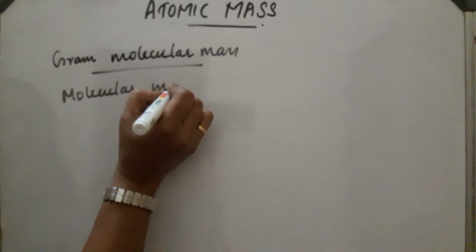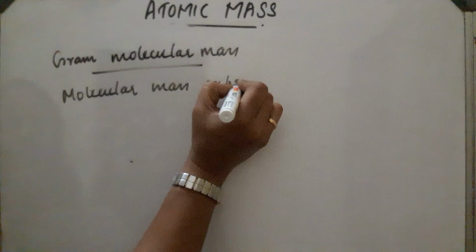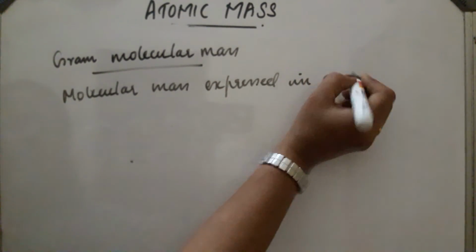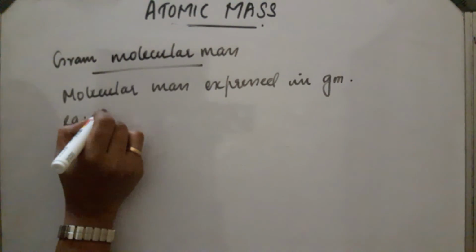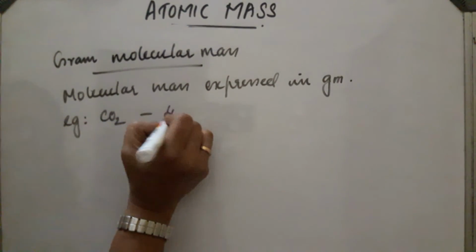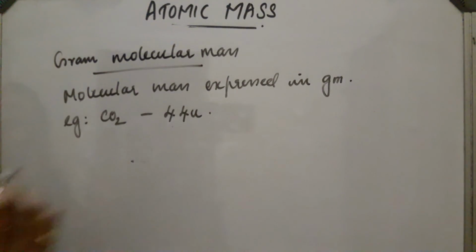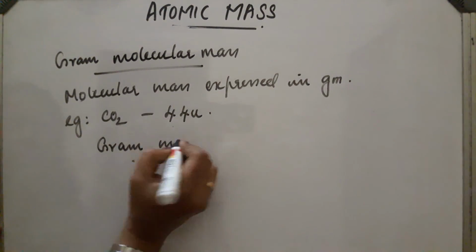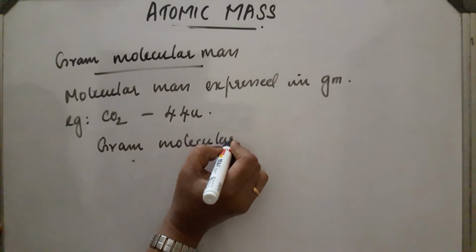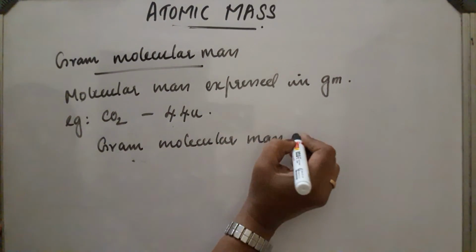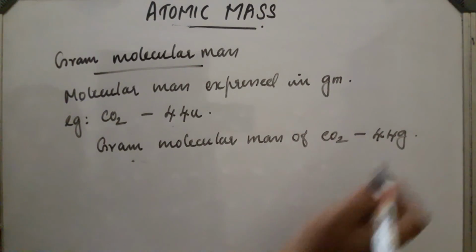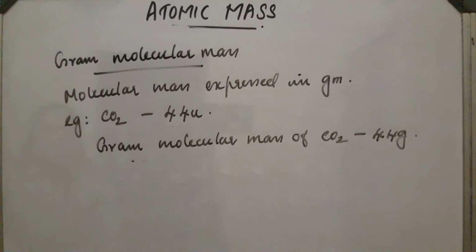Example, in the case of carbon dioxide, the molecular mass is 44 U. So the gram molecular mass of carbon dioxide is 44 gram. The molecular mass expressed in gram is called gram molecular mass.